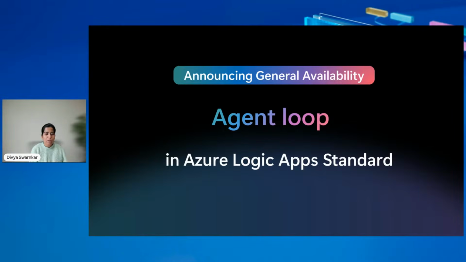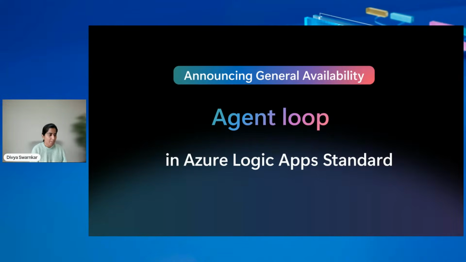So I think one of the top announcements we had was around the general availability of Agent Loop. Many of you who are using this capability know that we announced this in preview at Build, and over the last few months we learned a lot from our customers, from you, in terms of the improvements we need to do, as well as many customers who were excited about it and were ready to go into production, wanted to know when will GA hit.